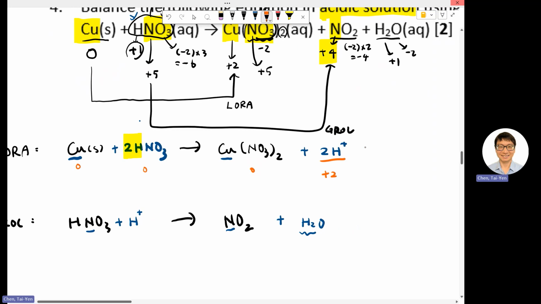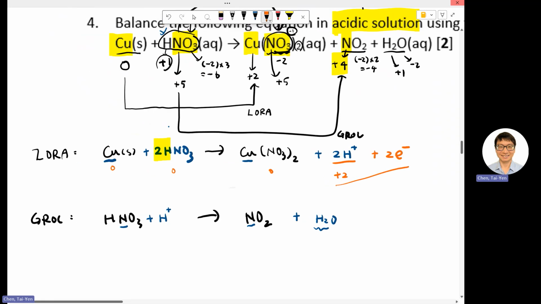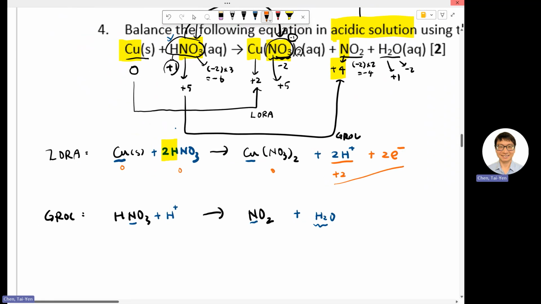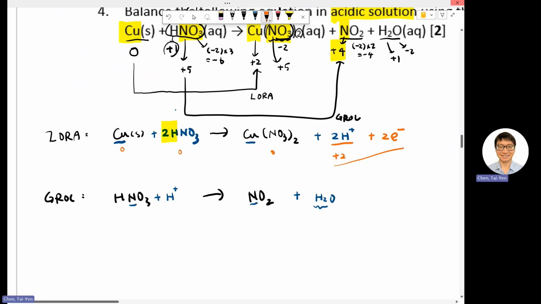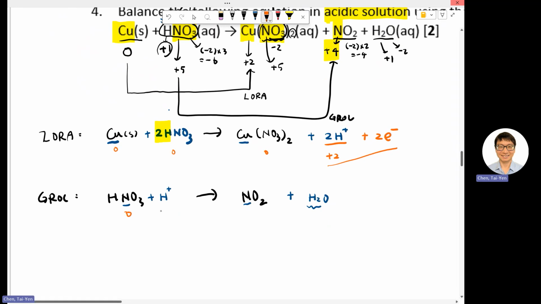To balance this, you add in 2 electrons so that the charges on the left and right are balanced. For your reduction, this doesn't carry any charge, this carries a positive 1 charge, and this and this don't carry any charge. To balance this, we need to add in 1 electron to balance out the charges on both sides. That's how we do step number 3.